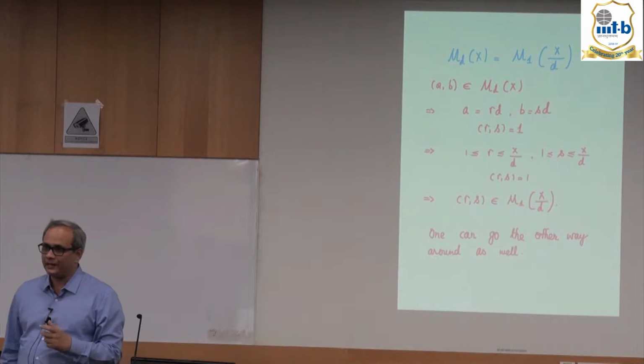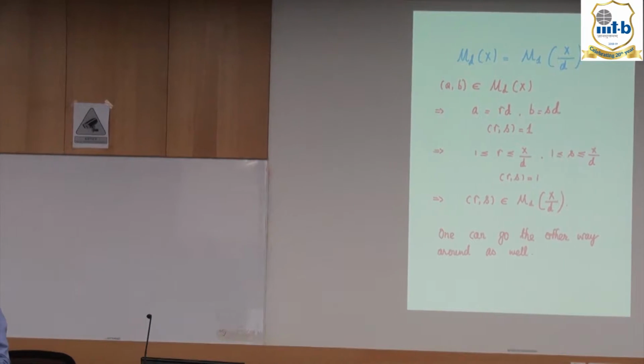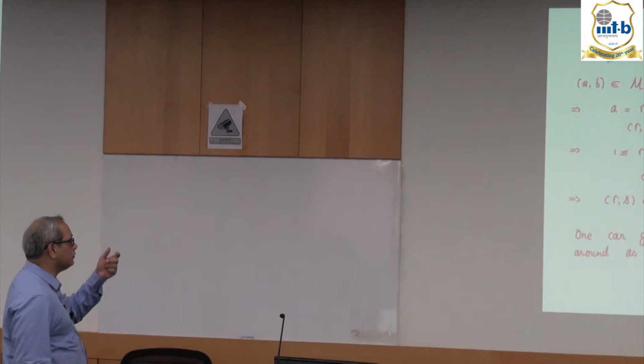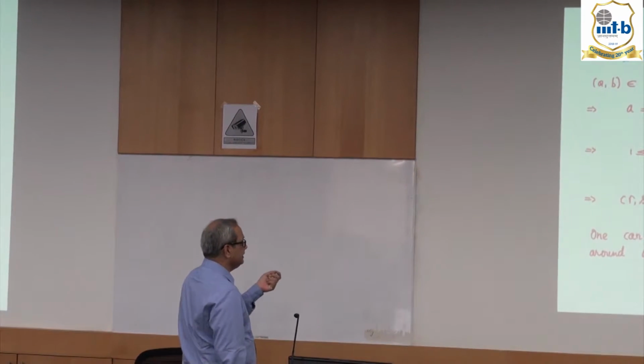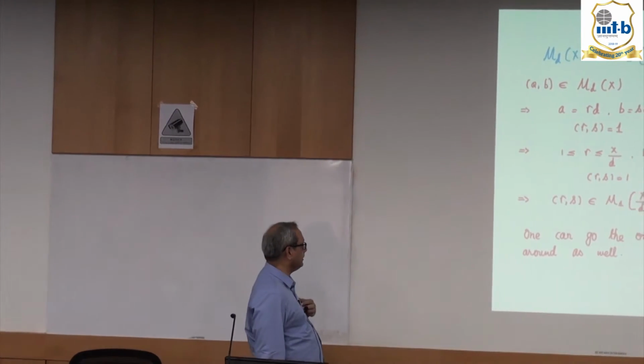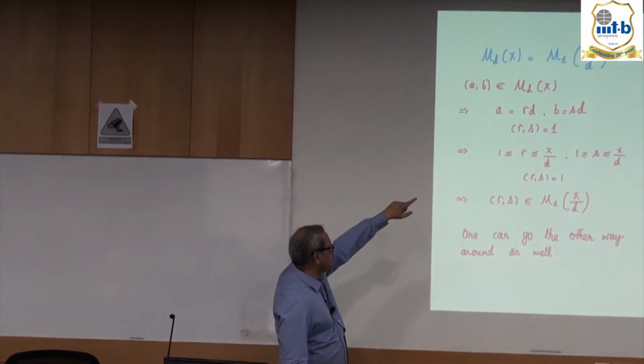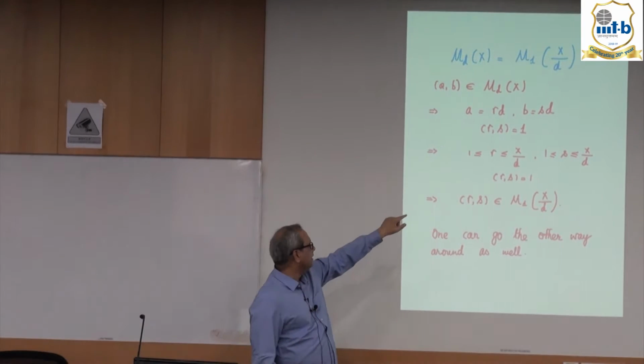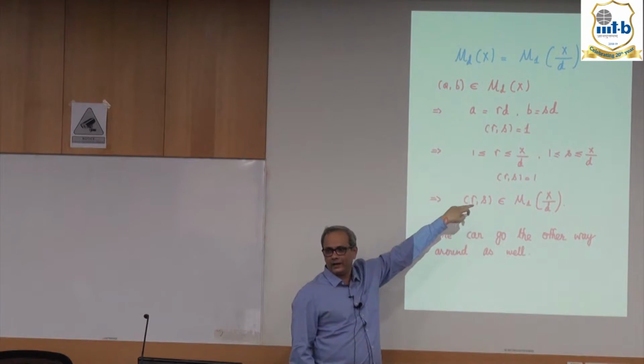Why is that? You take a pair that has GCD d, so a is rd and b is sd, where r and s are co-prime. Then since a is at most x and b is at most x, it means that r is between 1 and x/d.